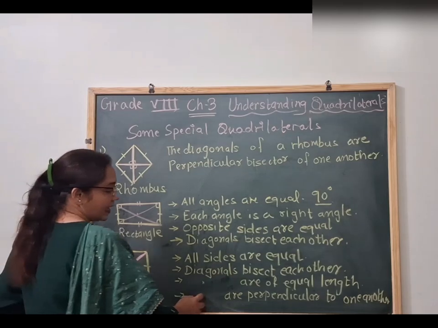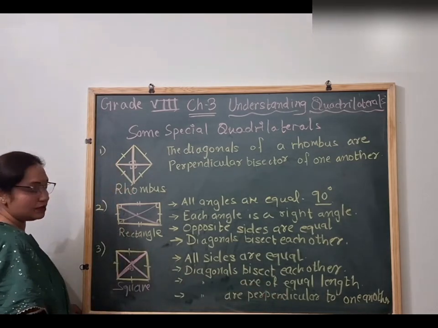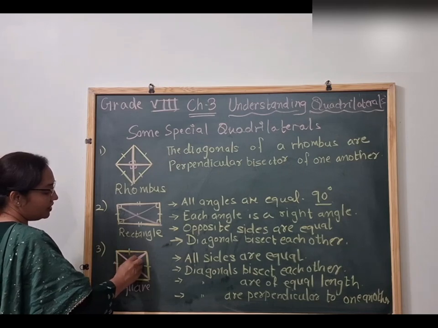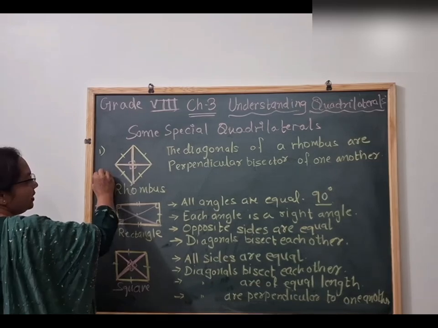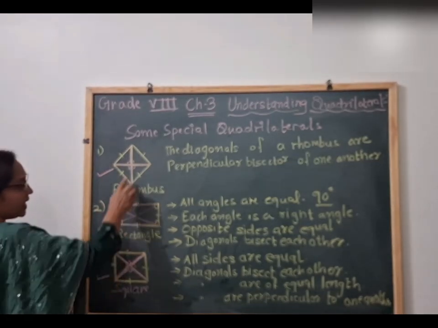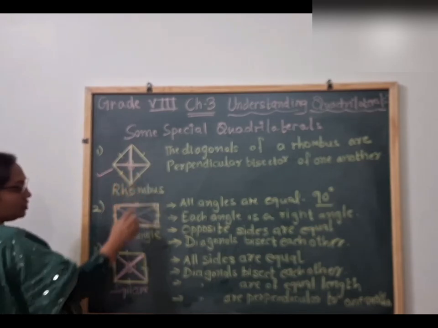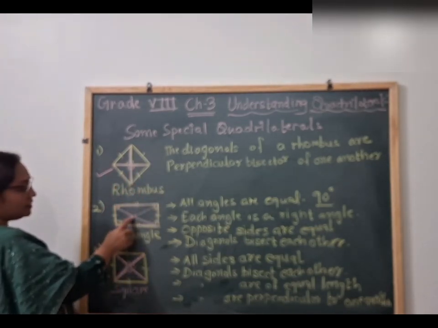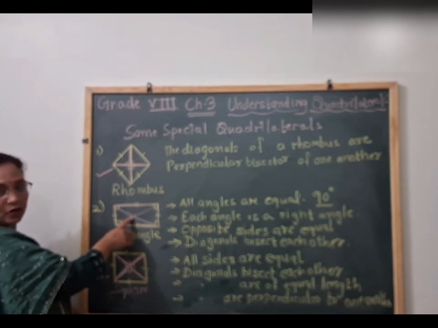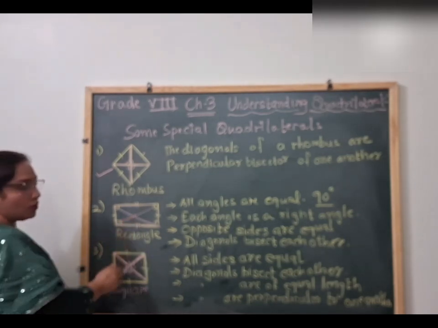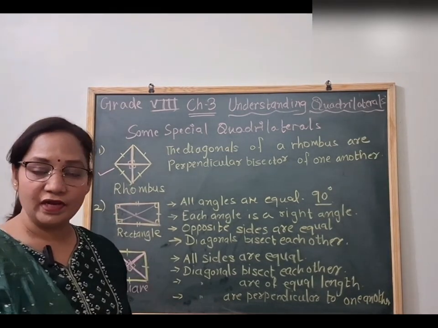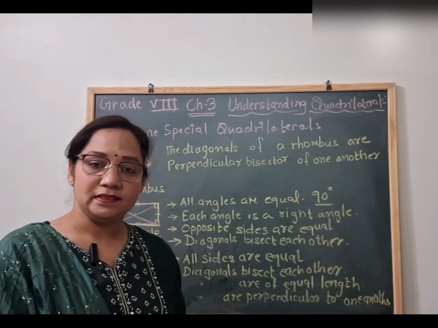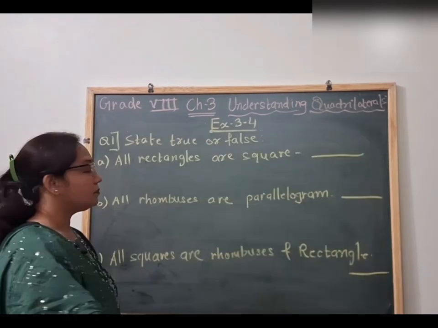And when I say that diagonals are perpendicular to each other, that means here they always form an angle of 90 degrees. So you can see here that in a rhombus and a square, the diagonals are perpendicular bisectors, while here the diagonals only bisect each other, they are not perpendicular to each other. These properties of these quadrilaterals will help you to solve the exercise easily. So let us start with the exercise.